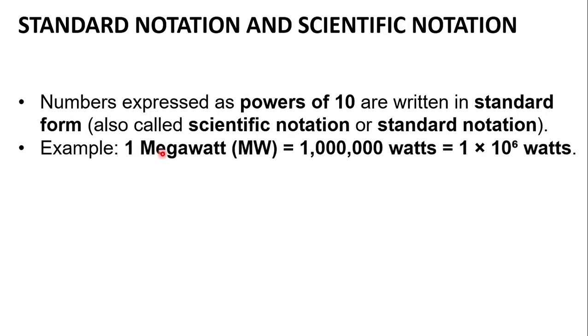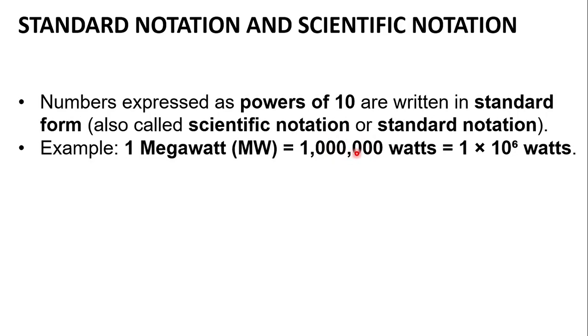For example, a quantity such as 1 megawatt of electrical power is 1000 watts. 1 mega means 1000. So this number here is not in standard form, it's not in scientific notation.